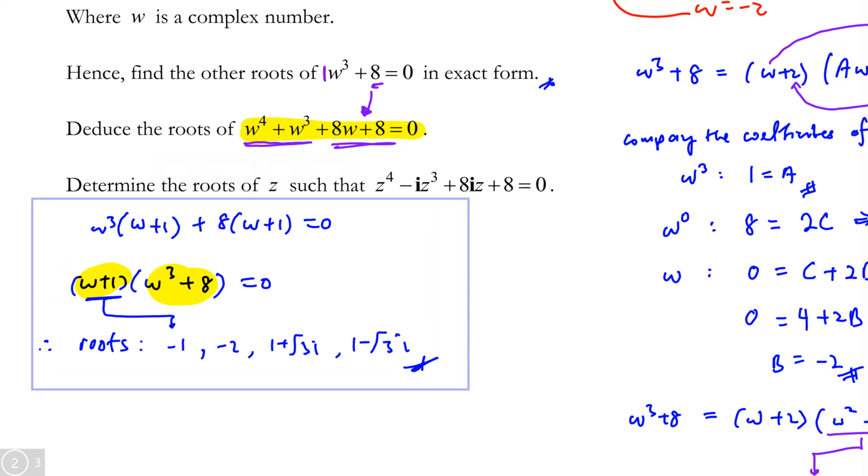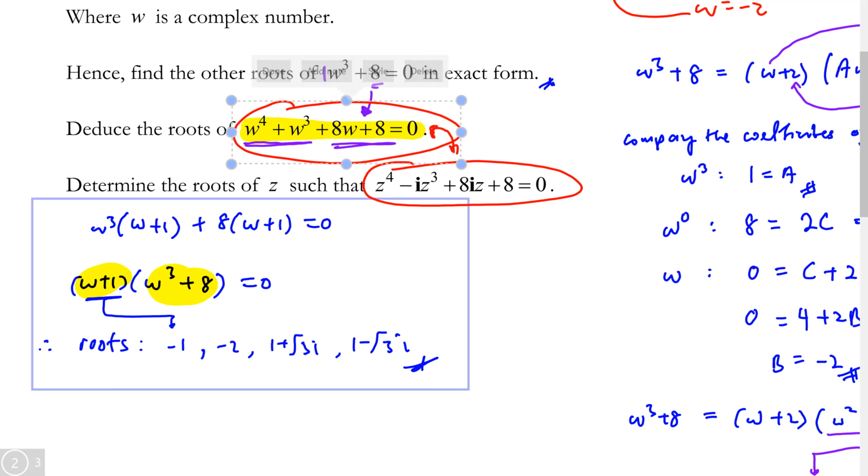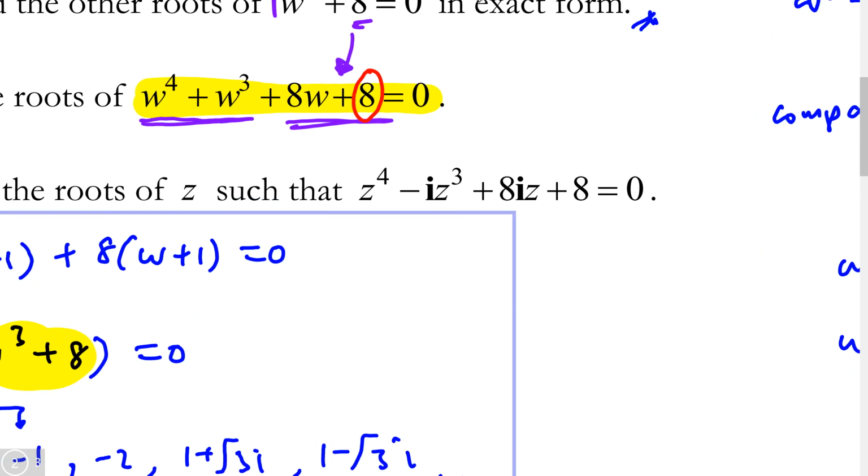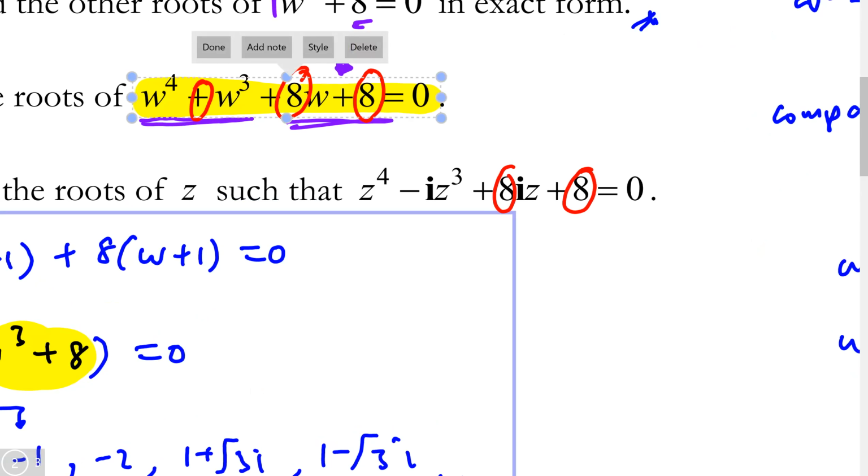Okay, so the last one is the more tricky one. The last expression here is quite the same, but not the same as the second one. So you're asked to deduce, right? If you look at the coefficients, this is an 8, this is an 8, and this is a plus 1, that's a 1, though it's a plus and minus 1.